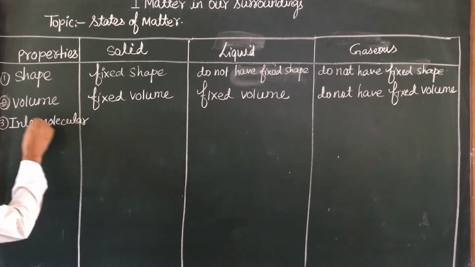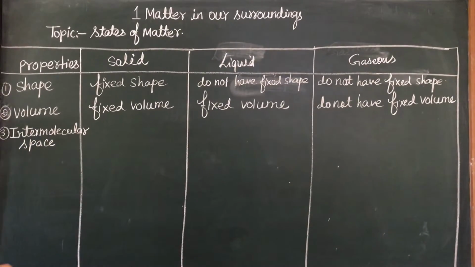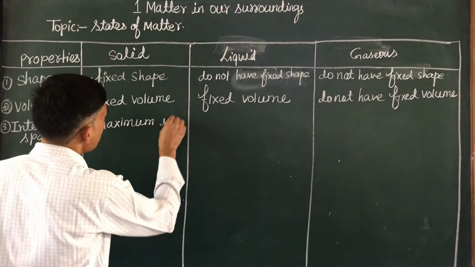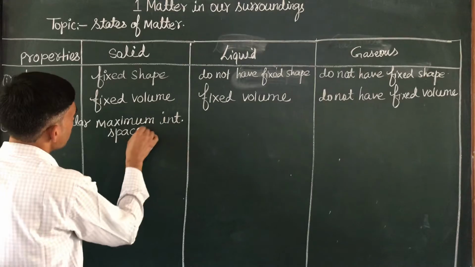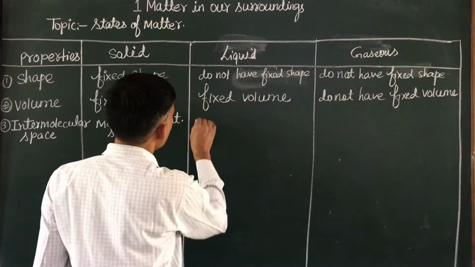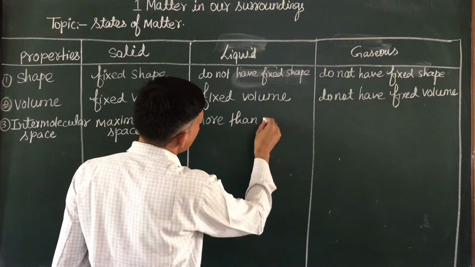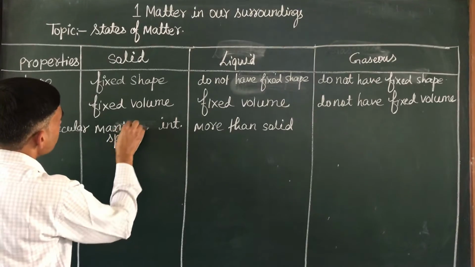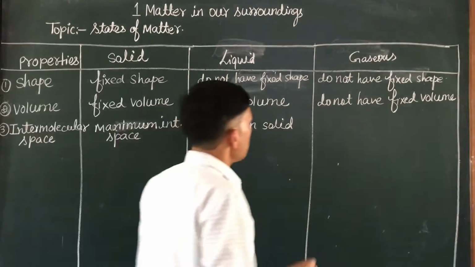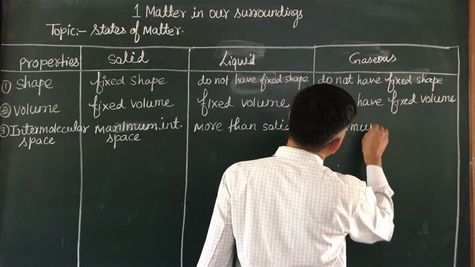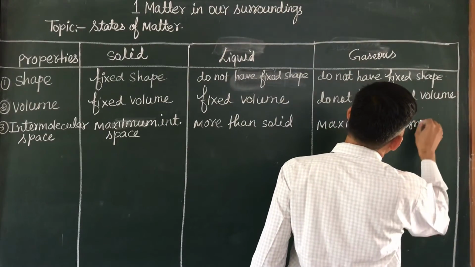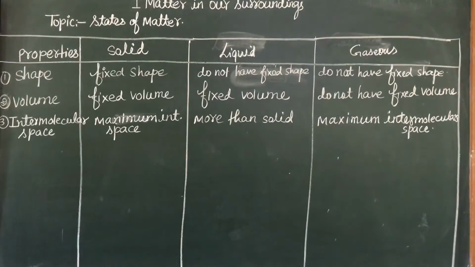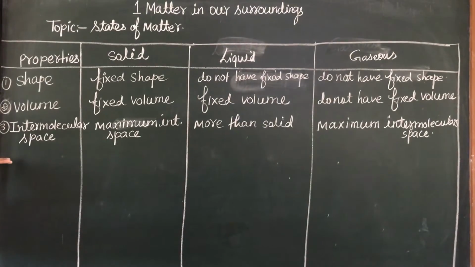Third is intermolecular space. In solids, the intermolecular space is minimum.